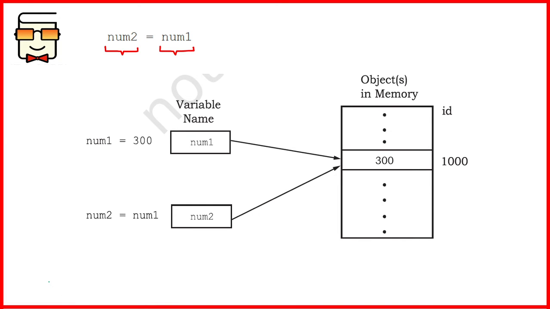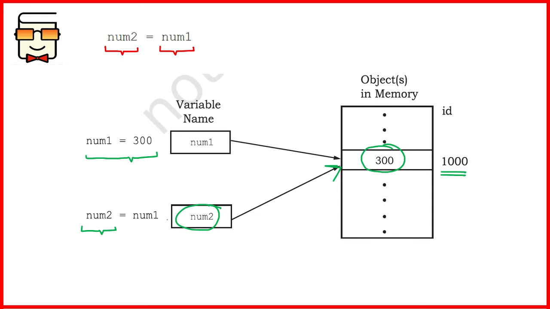Okay, so when you execute this statement, what actually happens is, this particular value already exists in the memory. Now the Python shell creates a new variable num2 and it makes this variable point to the same value 300 that was present at memory location 1000.